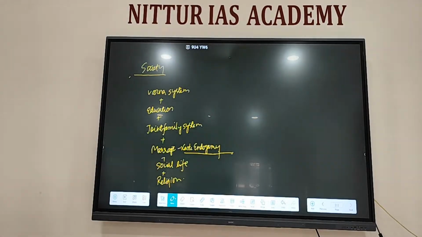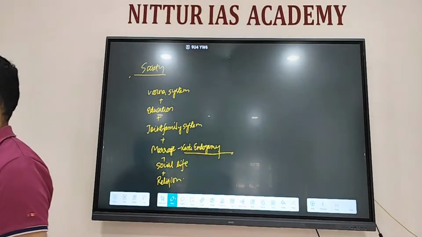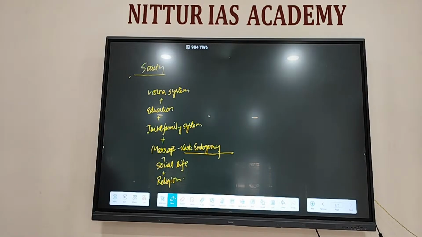Next we read the major education centers. Major education centers developed during this period were Nalanda and Ujjain.